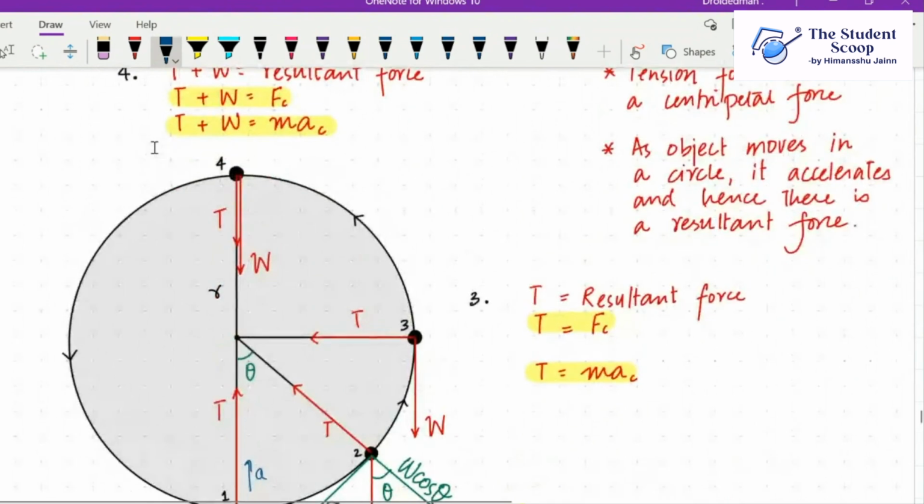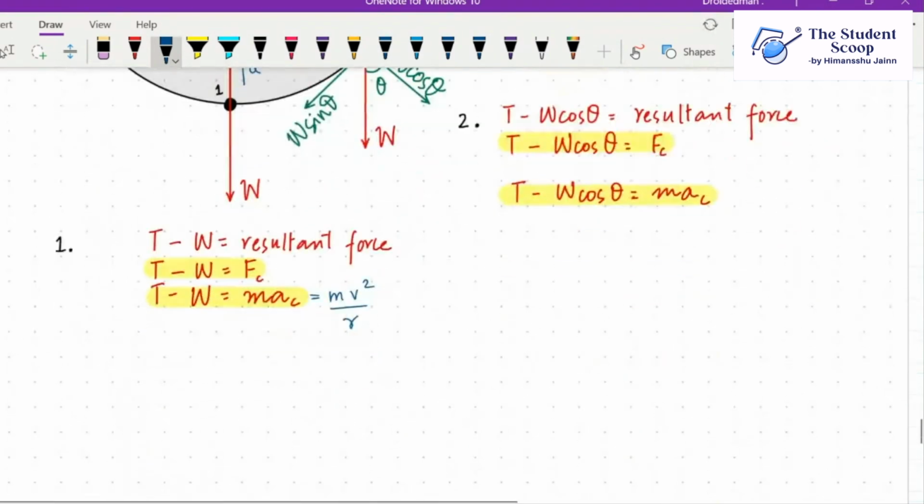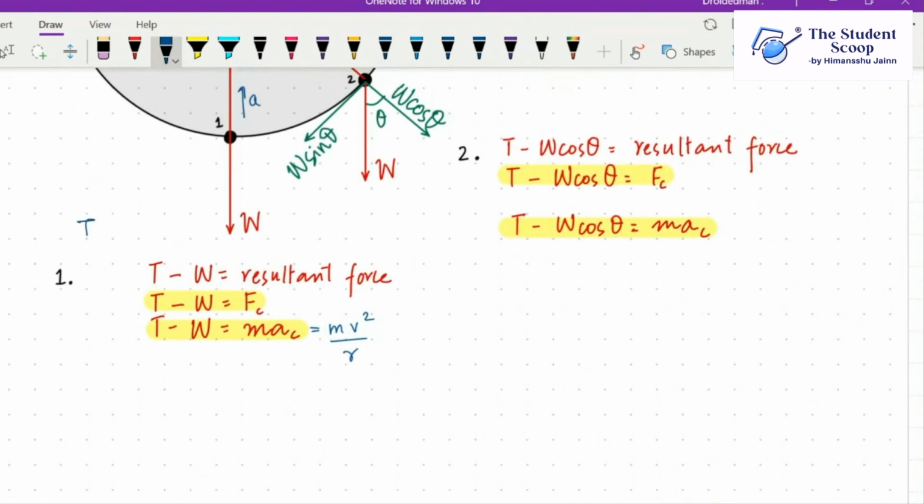And then at the top you can see that the tension plus the weight is equal to mass times acceleration. Now here you can see that the tension is the centripetal force minus weight. So tension will be least at point 4, and it will be the maximum at point 1, because the centripetal force will be added with the weight.